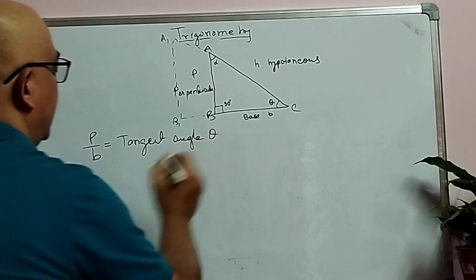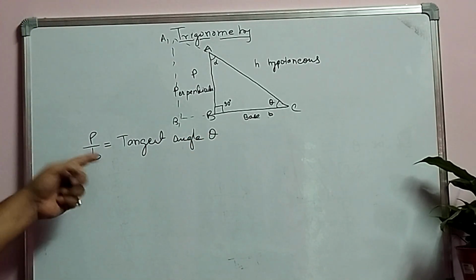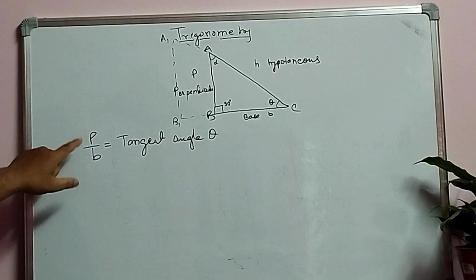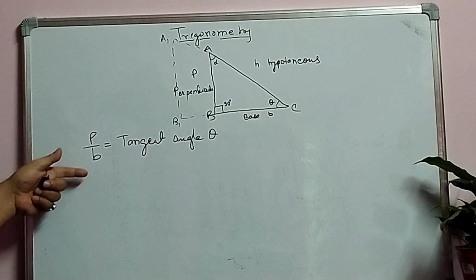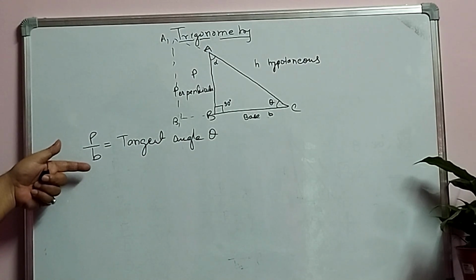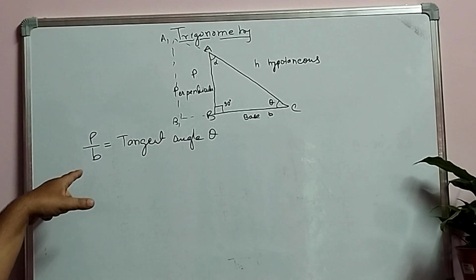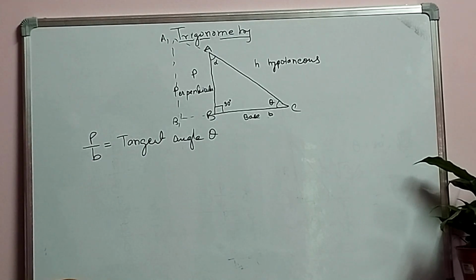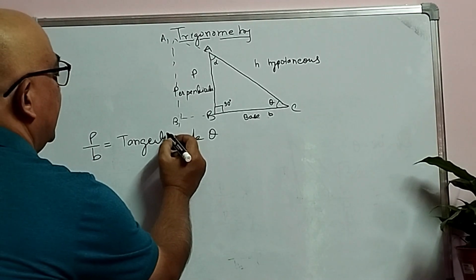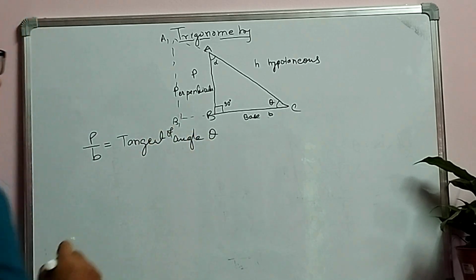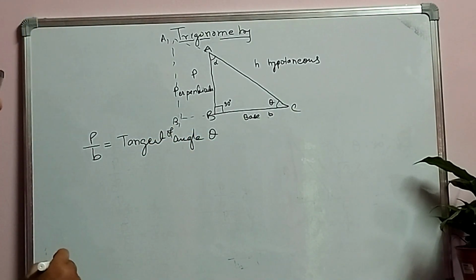So the ratio of P to B, perpendicular to base, is called tangent of angle theta. This is to be noted.